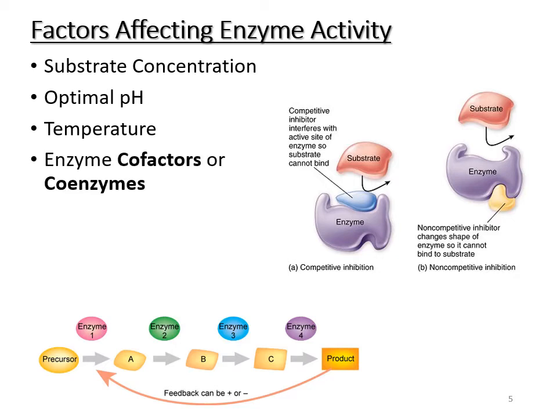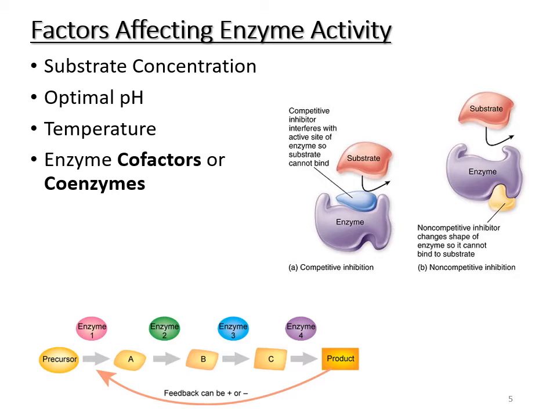Then we have enzyme cofactors and coenzymes. For cofactors, I want you to circle factor and right above it, write the word factory. I want you to picture a factory, a big building and smoke and metals and minerals, all that stuff, because cofactors are metals or minerals.